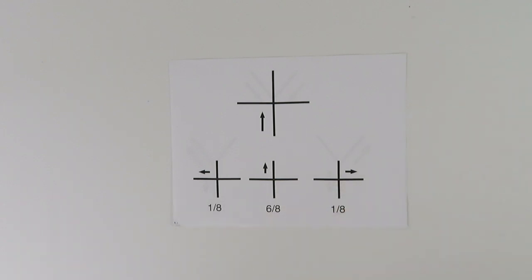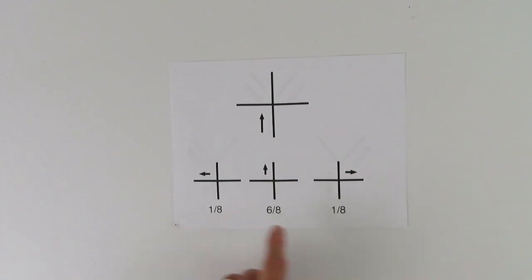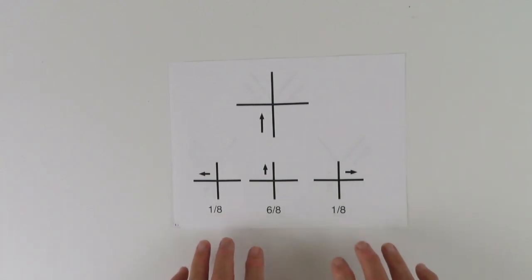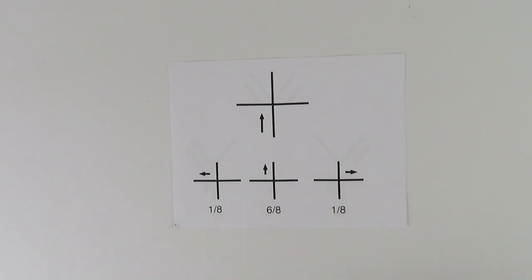And so in order to balance off in the simulations that I've done so far, these effects, I've given this a 6/8 or 3/4 probability to go straight ahead, with a slight 1/8 probability to go to the left, and a slight probability to go to the right. You could change these numbers to 16ths or 32nds, in order to reduce the probability of deviating from going straight forward, but that seems to be the case.